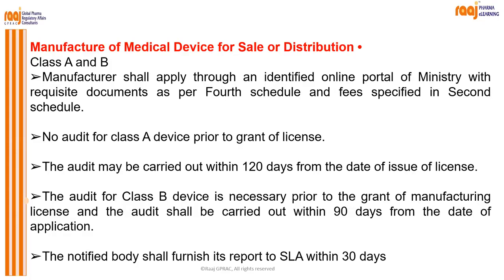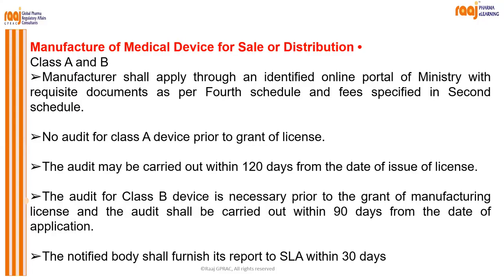This will be shown to you, how we actually have to apply using different MD forms. We have downloaded some forms as an example, and Sneha will show you all those forms, how it is applicable to class A, class B or class C and class B. So just have the patience.